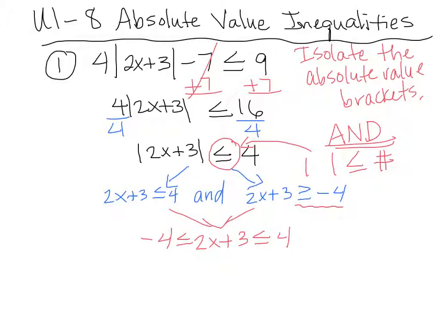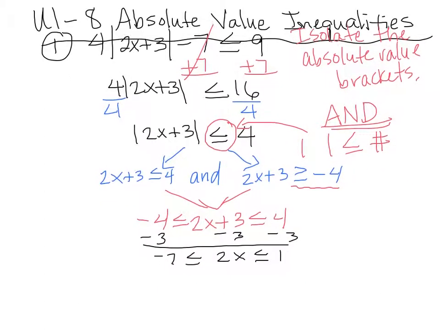At this point, we just need to solve for x down the middle. So I need to subtract 3 from both sides. Remember, that means both of those outer sides. We end up with negative 7 is less than or equal to 2x, and 2x is less than or equal to 1.